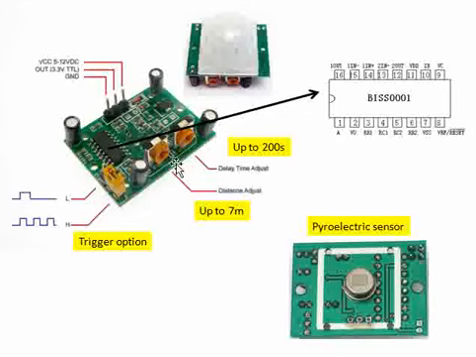The range of the sensor, how much range can be covered by the sensor, can be adjusted by this particular potentiometer. As you vary this potentiometer, the distance up to which the sensor can detect can be changed.